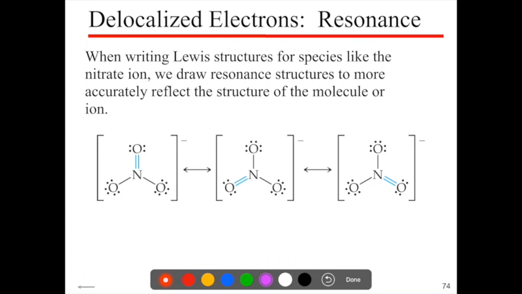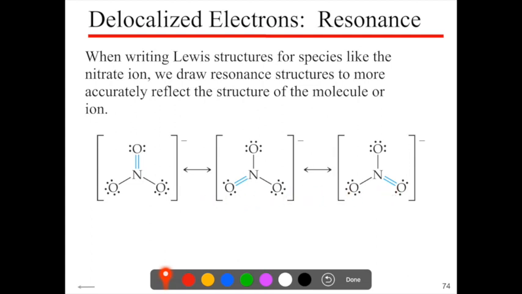Now, remember when you write resonance structures. Here's a resonance structure for the nitrate ion. When we draw these structures out, there is no difference between the first, the second, and the third. All of these are represented.